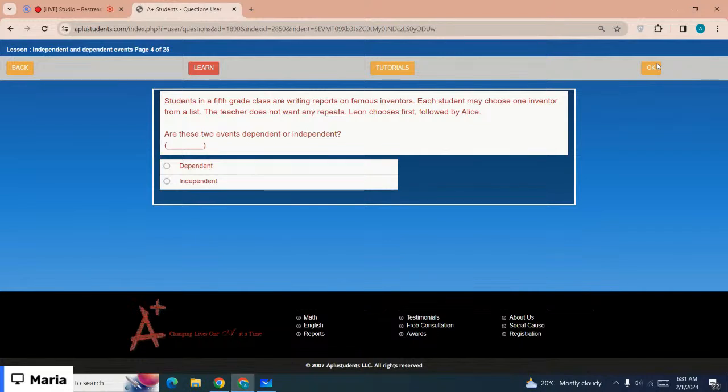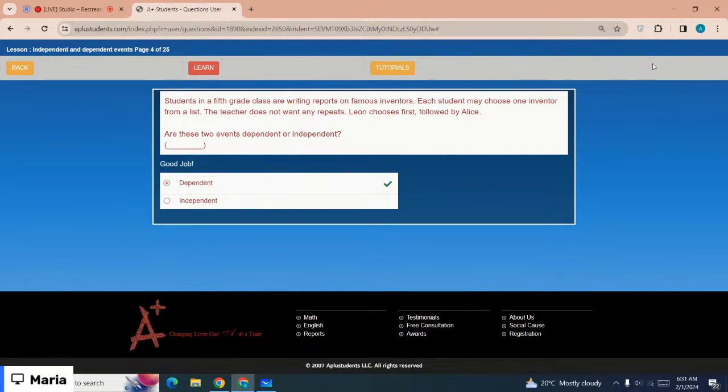The correct option is they are the dependent events because repetitions are not allowed, so they are the dependent events.